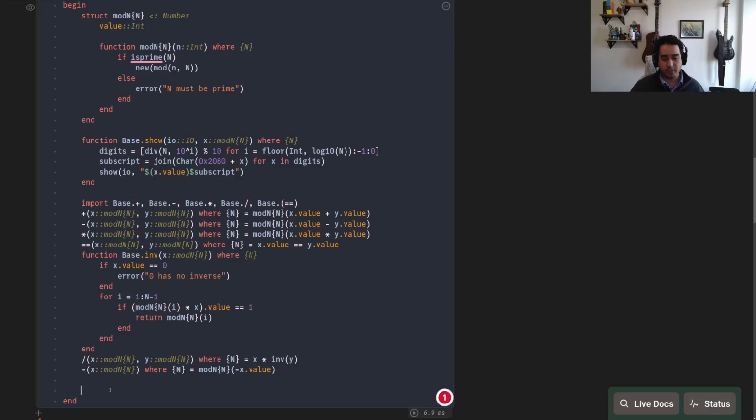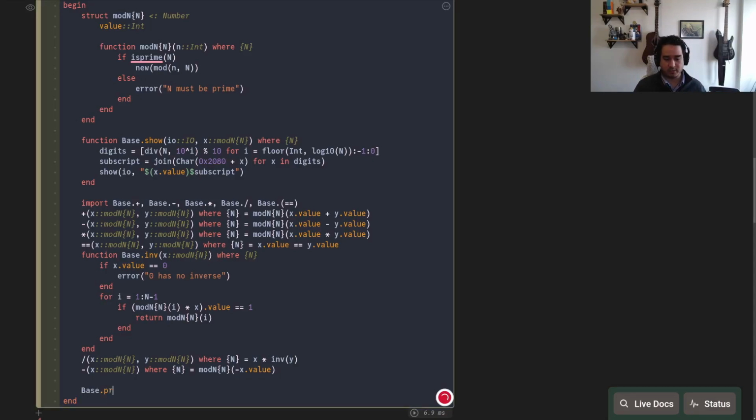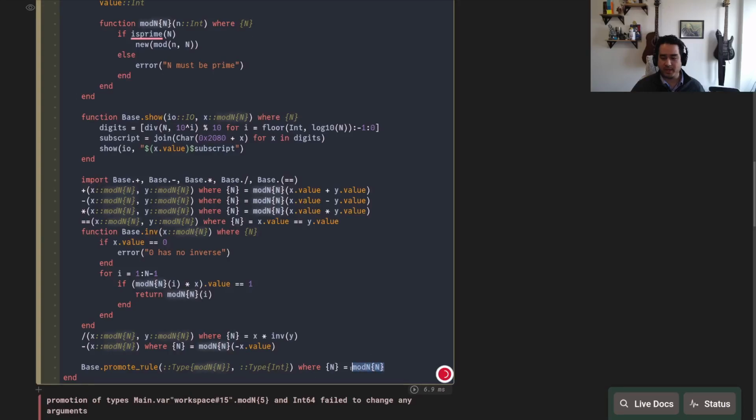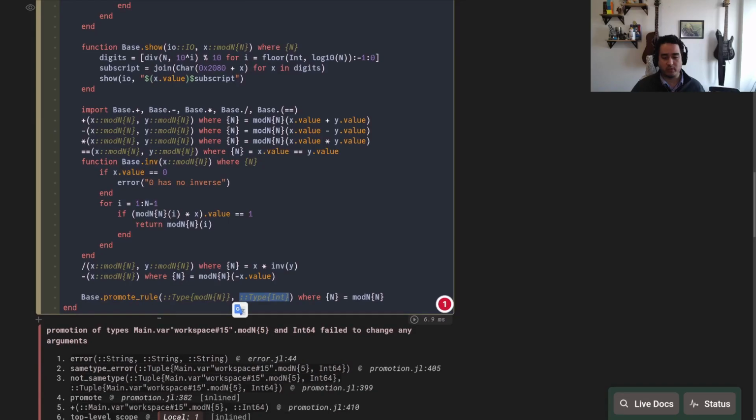So we can create a Base.promote_rule for the type mod n. If you receive a mod n and an integer, of course with var n, you can say, use mod n here. So this will call mod n for the integer, and everything will be all right.